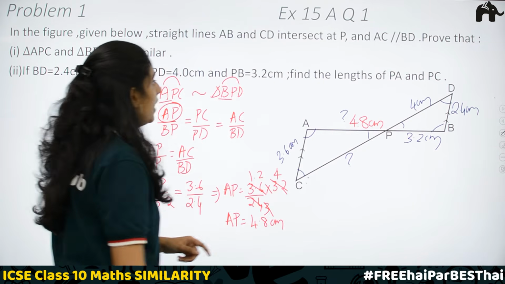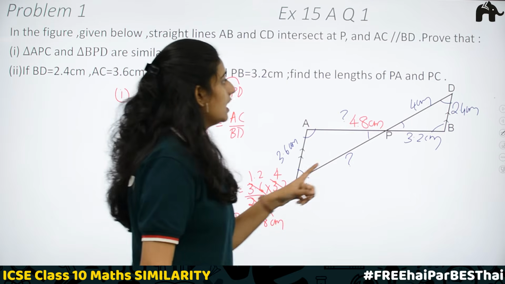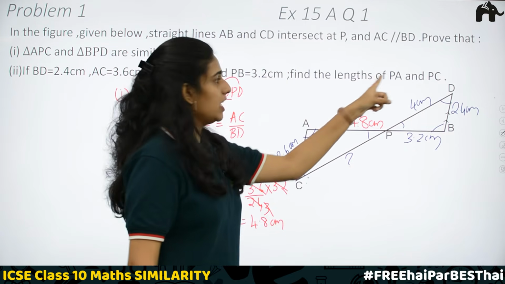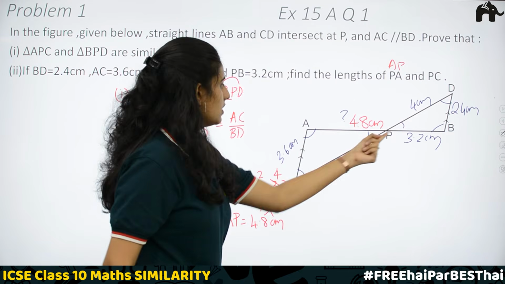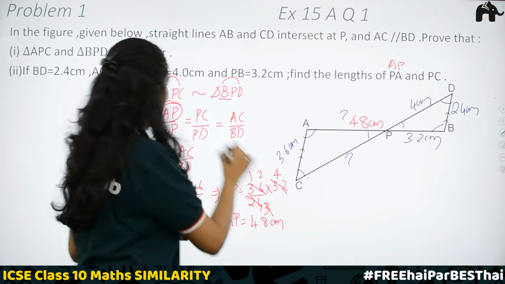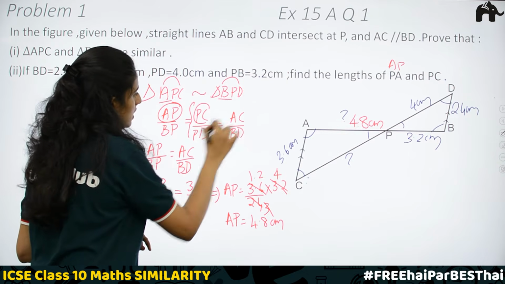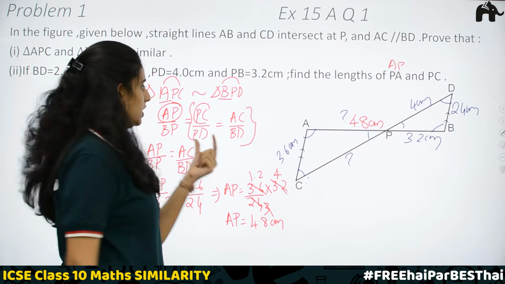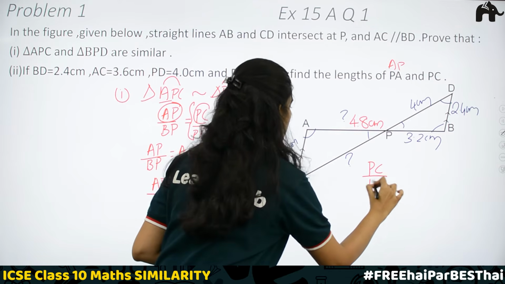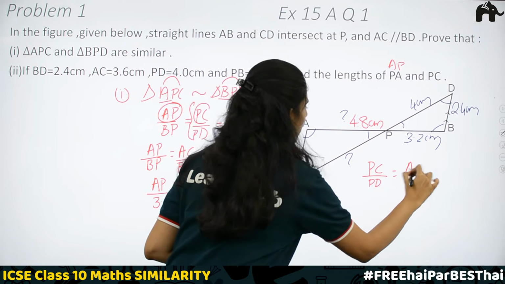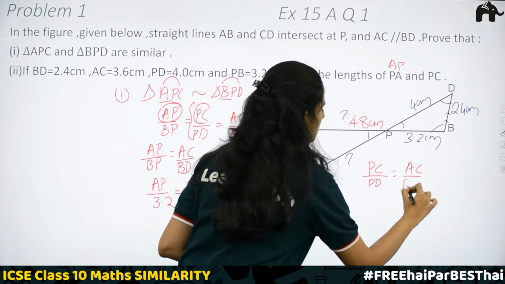What else do we need to find? We have to find the length of PC. PA and AP are same. This is PC. So, we will be considering these two ratios. PC by PD is equal to AC by BD.